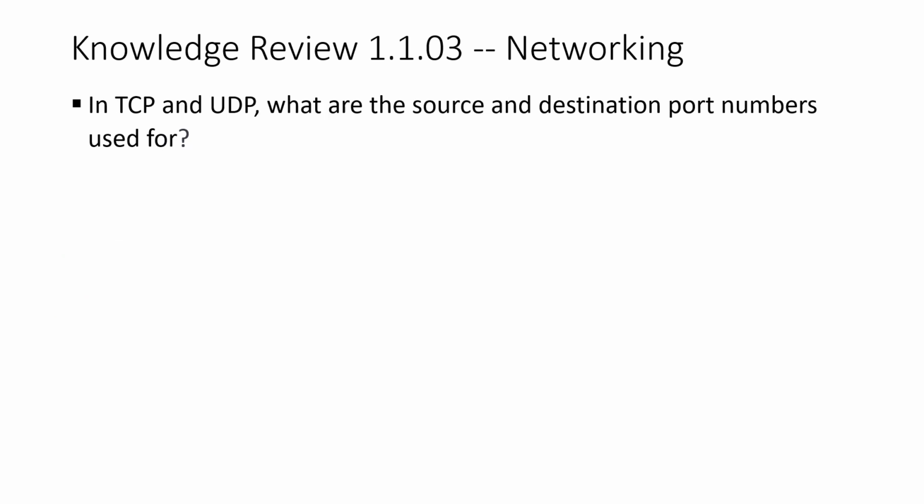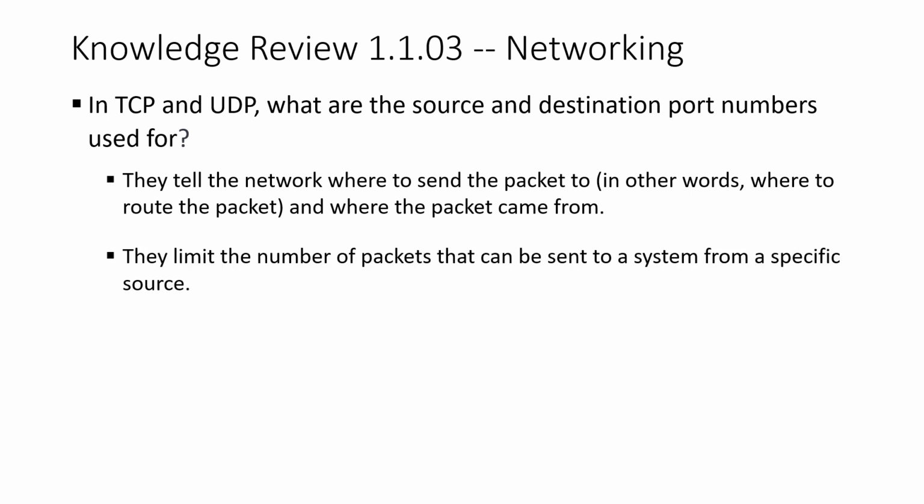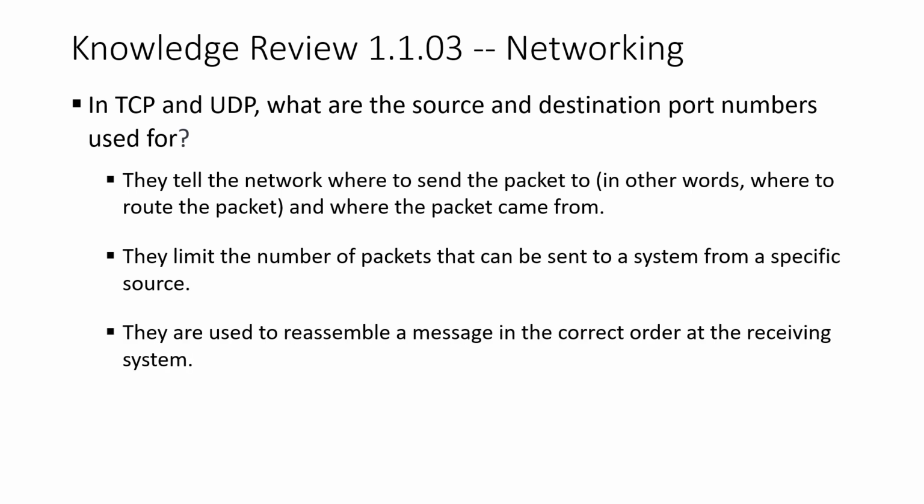In TCP and UDP, what are the source and destination port numbers used for? They tell the network where to send the packets to, in other words, where to route the packet and where the packet came from. They limit the number of packets that can be sent to a system from a specific source.